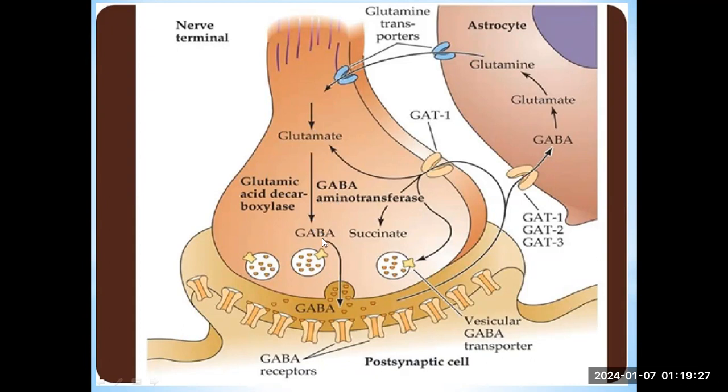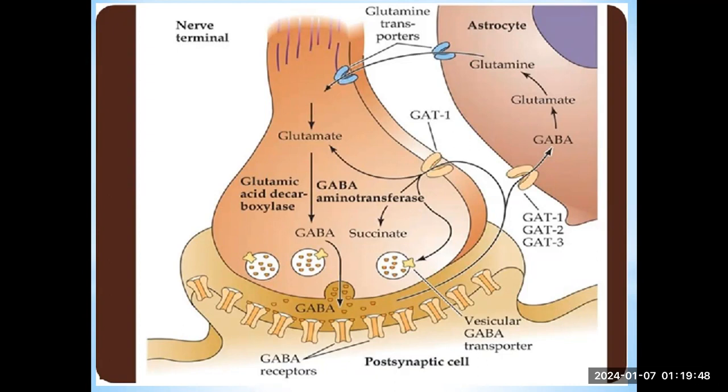GABA is then stored in the vesicles right here, and these vesicles then fuse with the membrane and release GABA into the perisynaptic cleft, into the synaptic cleft.